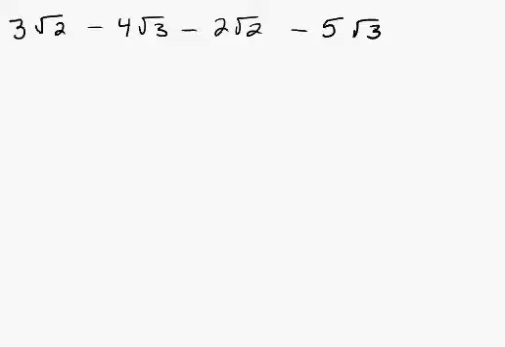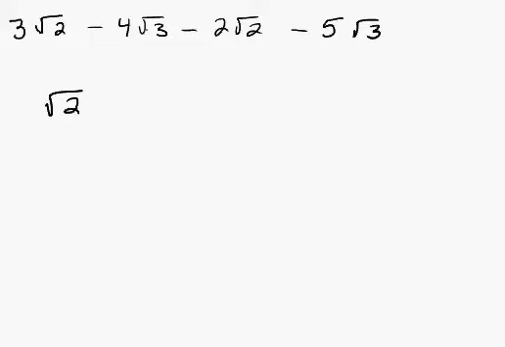Again, if I have 3 of some quantity, and I take away 2 of that, I'm only going to have 1 left. The same rule holds true here. If I have 3 radical 2s and take away 2 radical 2s, I'm just going to have 1 radical 2 left over. And in here, you have to remember I'm subtracting, but it's really 0 take away that, so I have a negative 4 radical 3.